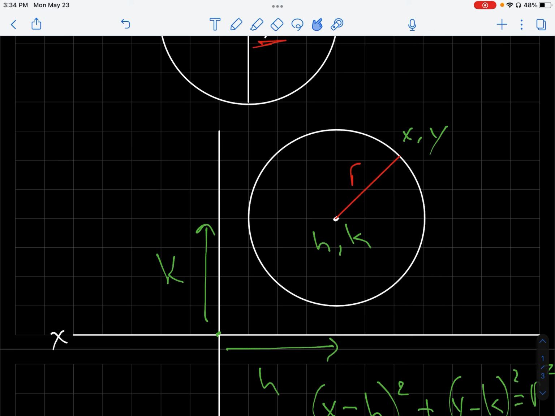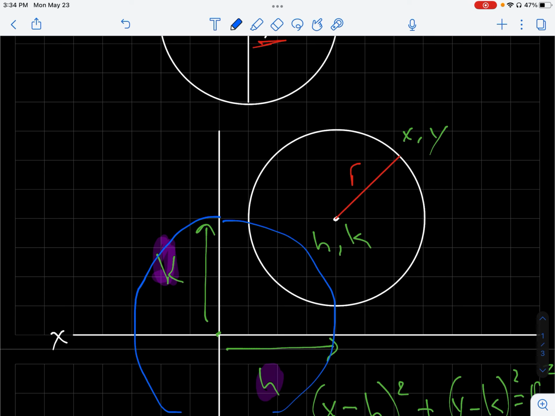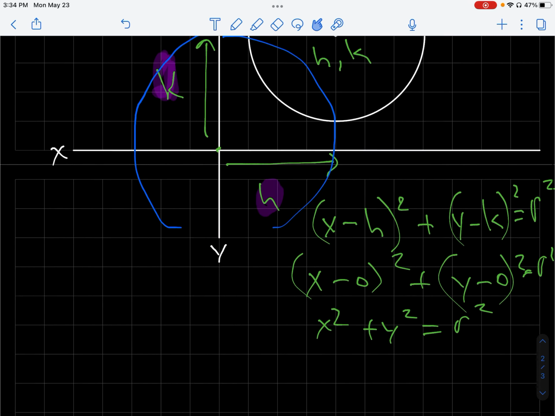So all we're doing is reversing this and this to get the circle on the origin, like so.